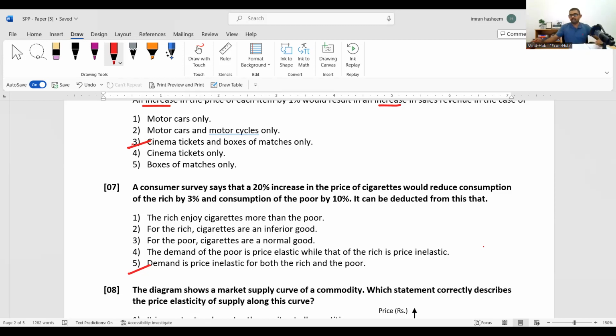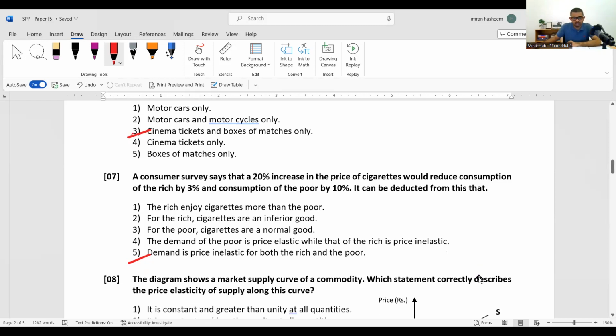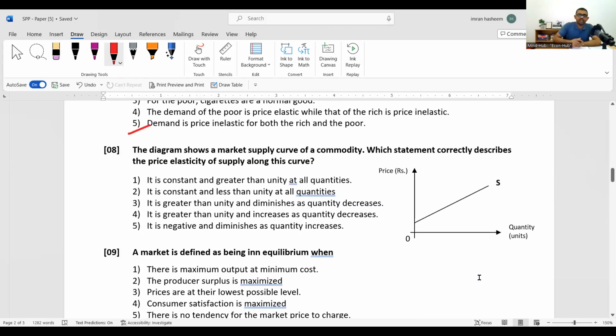So relatively we can compare and say that. Or we can say the demand of the poor is elastic relative to the demand of the rich. Get it? Compared to the rich, the poor have an elastic demand. Compared to the poor, the rich have an inelastic demand. But both are inelastic. Correct answer number 5.